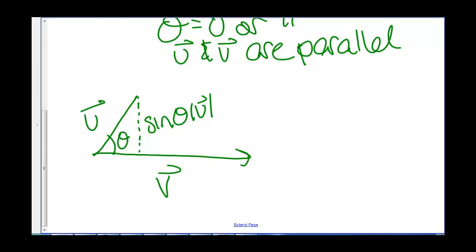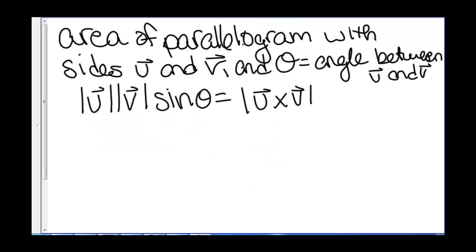And the area of the parallelogram with sides vector u and vector v, and theta being the angle between vector u and vector v, is the length of vector u times the length of vector v times the sine of theta, or the magnitude of the cross product of vector u cross vector v.